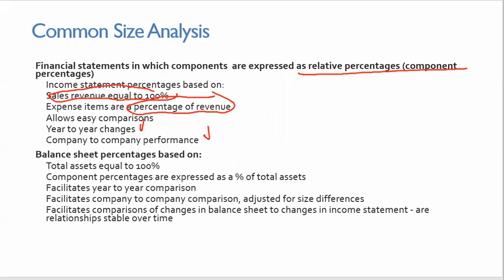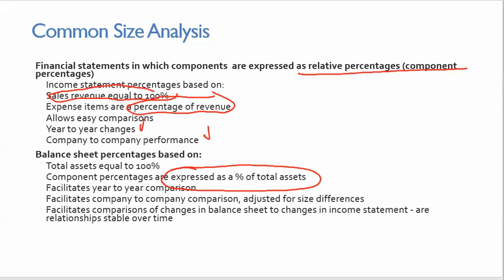If you common size it, you can compare the performance of Jollibee to Max's and Pizza Hut, because they have different magnitudes, so they are hard to compare. But if they are all common sized, expressed as a percentage of revenues for the income statement and as a percentage of total assets for the balance sheet, then you can compare them more easily.